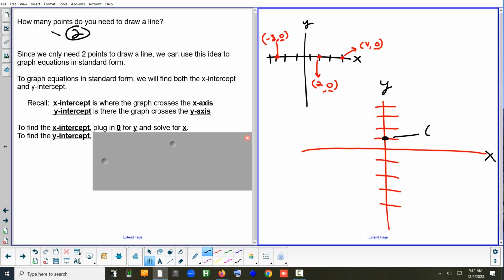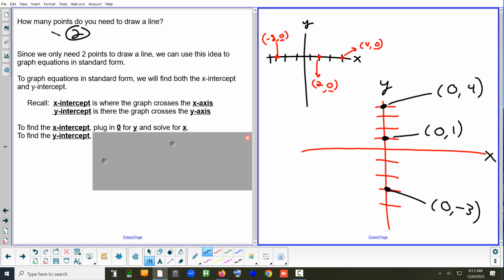How about that one up there? 0, 4. And let's just pick one down here. How about that one? 0, -3.